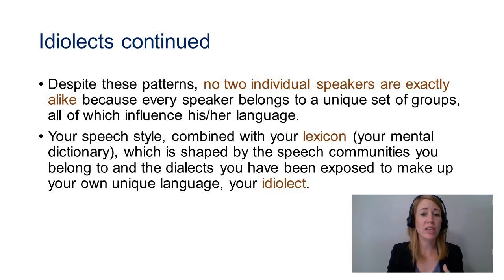So sociolects exist and they're worth studying, but we cannot forget what we call idiolects, which is the individual way that you talk. So everything about you, your history, your geography, your social roles, your personality, they all influence the way you use language. So I want to end on that note, but that concludes our lecture on sociolects.